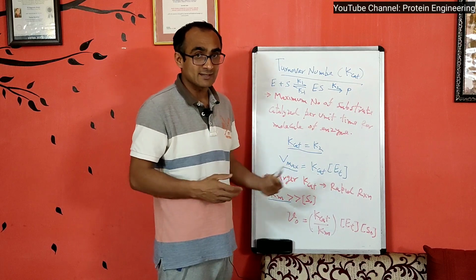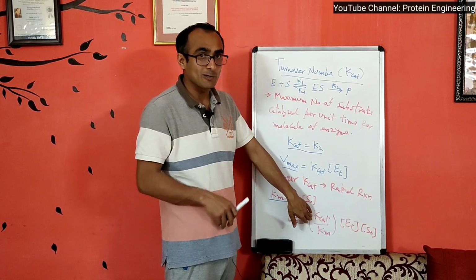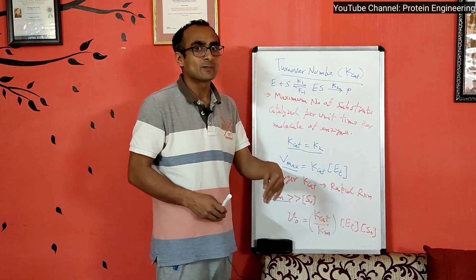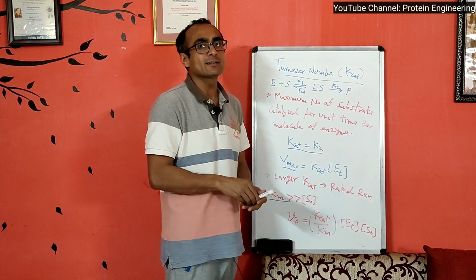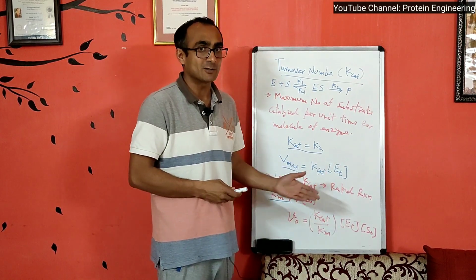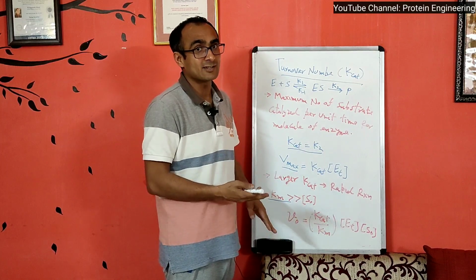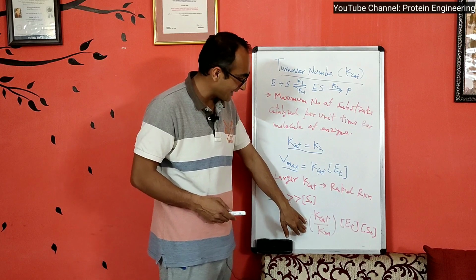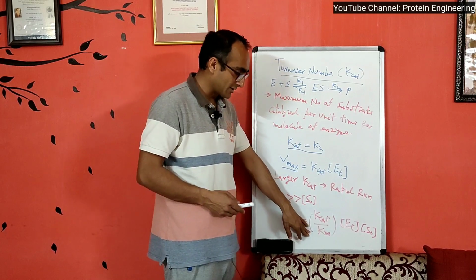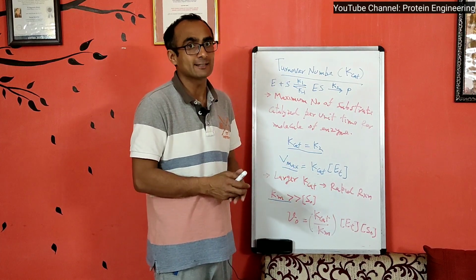Higher catalytic efficiency means a high value of kcat by Km, which means kcat should be more and Km should be less, because the Michaelis constant Km shows that lesser Km means high affinity of substrate to enzyme, and more kcat means the more efficient and more rapid the reaction is. So a high value of kcat by Km shows that the reaction is occurring at very high speed.